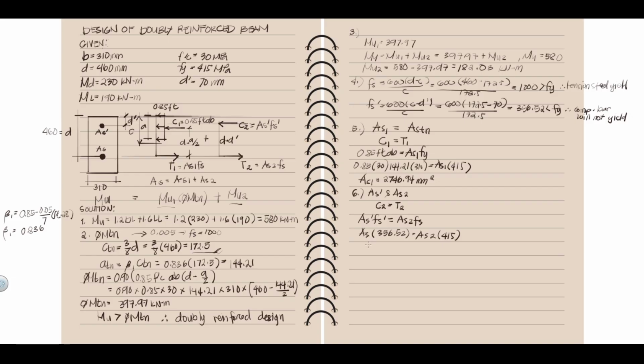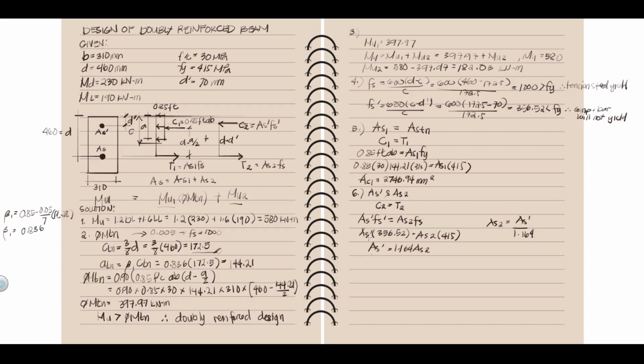So we will have a relationship of AS prime is equal to 1.164 of AS2. Or AS2 is equal to AS prime all over 1.164. Okay, so we can now solve either of kahit alin sa dalawang yan, AS prime or AS2.